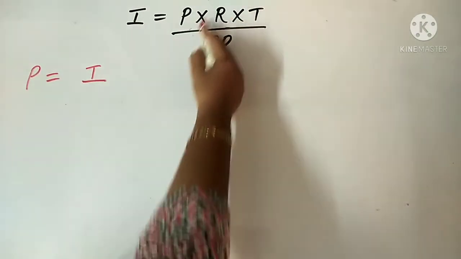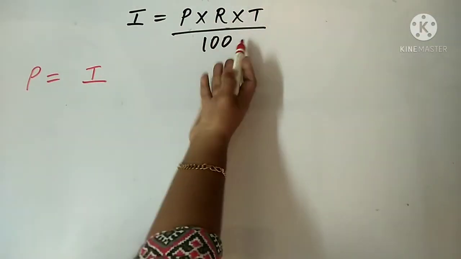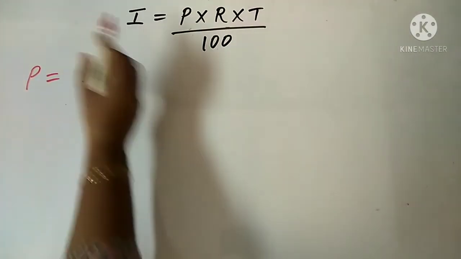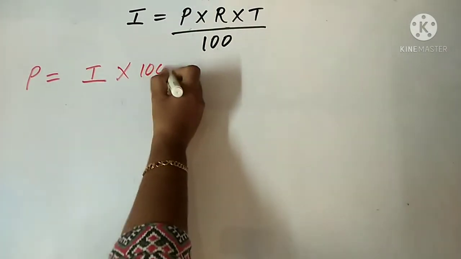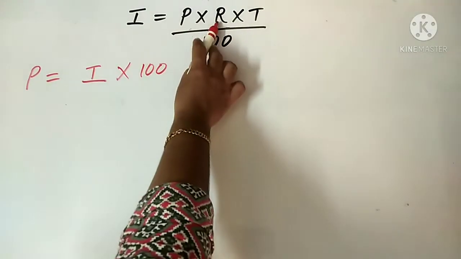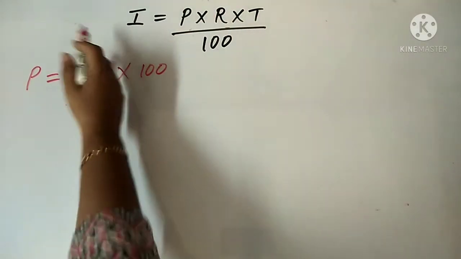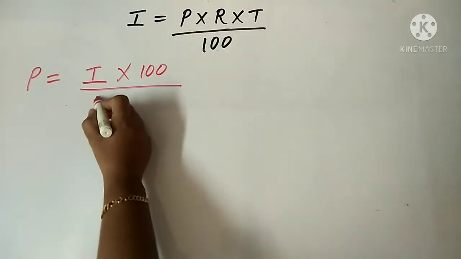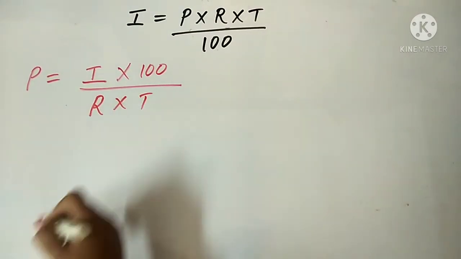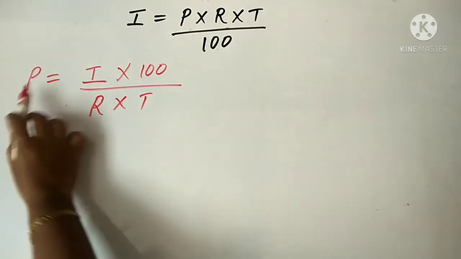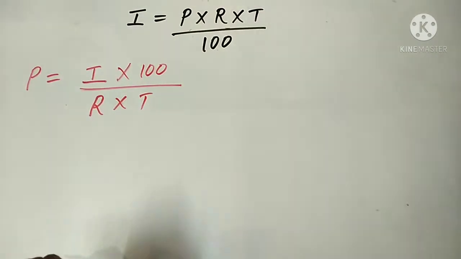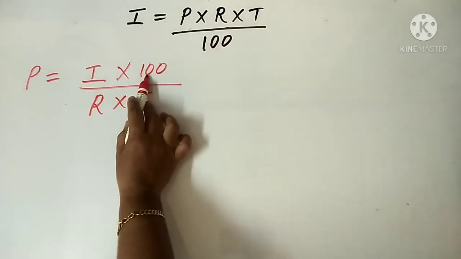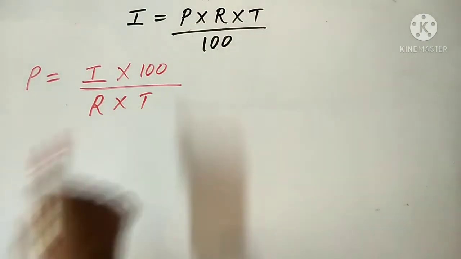Then what all things are on this side, we have to take to the other side. Divided by 100, when we take it to the other side, becomes into 100. And the rate of interest and time, when we take them to the other side, become divided by rate into time. So to find the principal amount, when interest, rate and time are given, we use the formula P is equal to I into 100 by R into T.